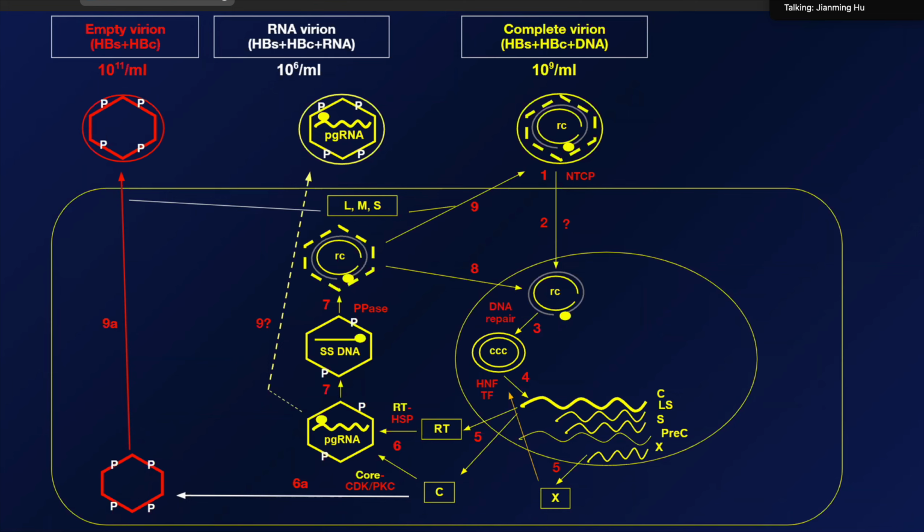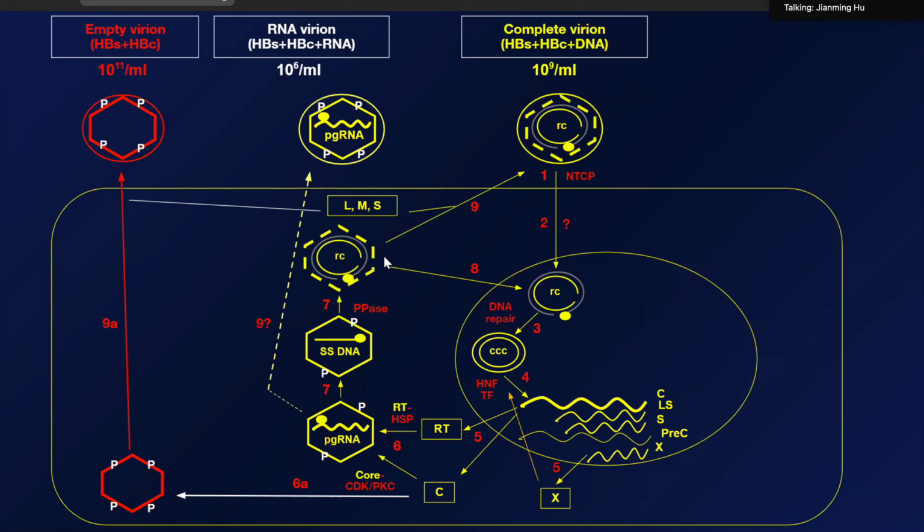So what that does is that in the infected cell, a single nucleus not only contains the cccDNA from the infecting virion, but it can also contain cccDNA from the progeny rcDNA made de novo in the cytoplasm. So you can have more than one cccDNA in an infected cell nucleus.